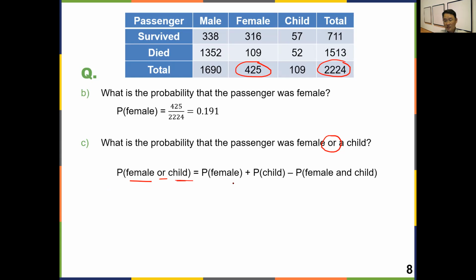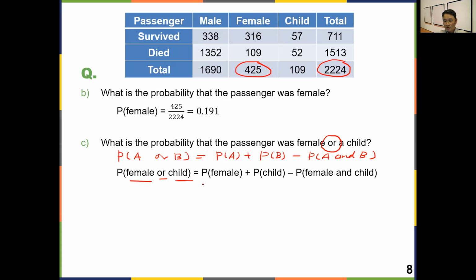That means we had this: probability of A or B is equal to probability of A plus probability of B minus probability of A and B. Same deal, right? It's a female and child, the same deal. It's the exact same format.